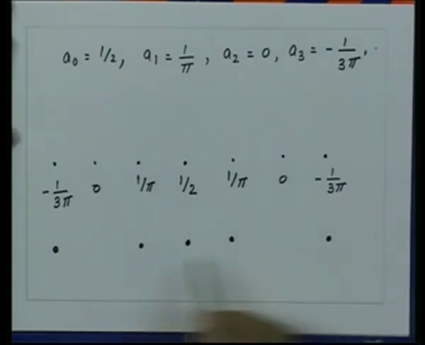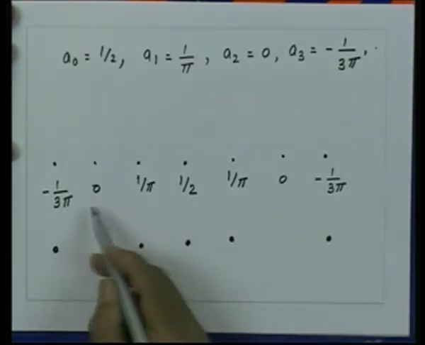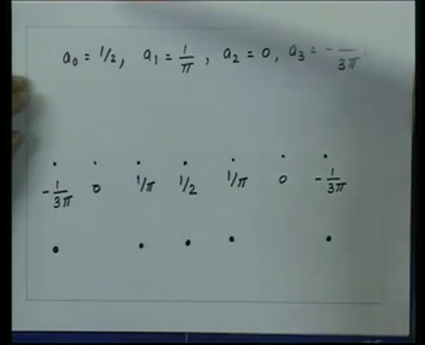So, you may say that we have 5 elements, but the spacing between the elements is not the same. This spacing is double the spacing between these 2 elements. So, if we excite this array with these coefficients, then we can get a radiation pattern which will be the sectorial radiation pattern of this nature.